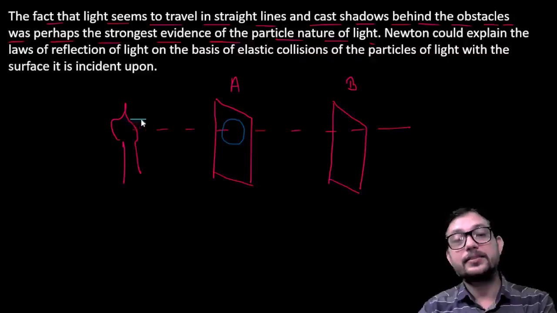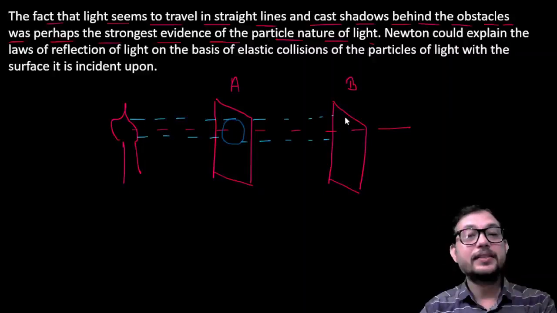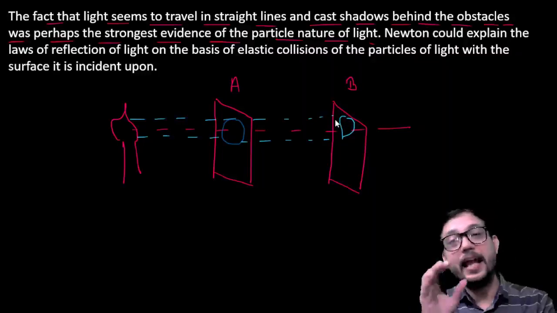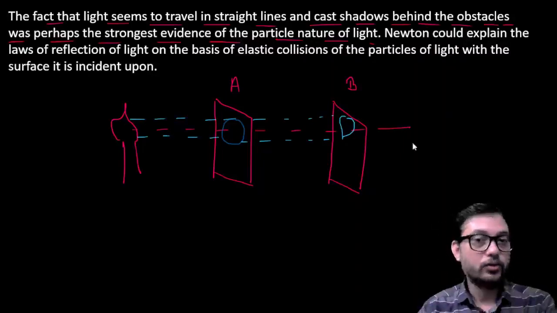The light moves and passes through the hole made in cardboard A, and we get a light of the same size as the hole.